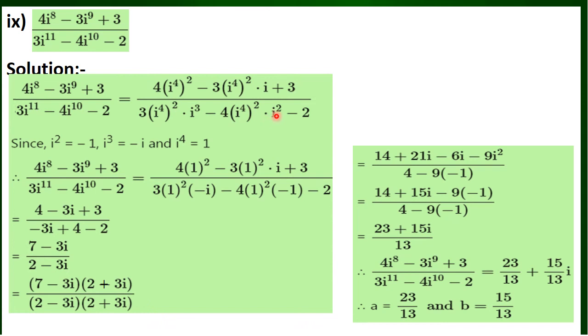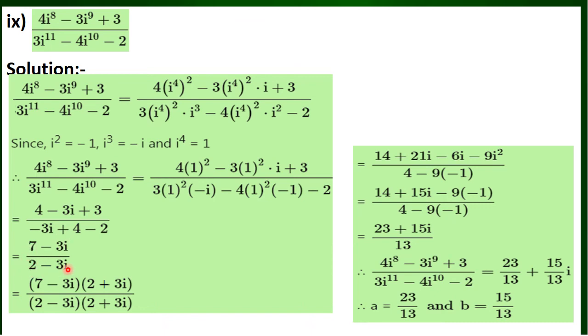Here i^2 is minus 1, i^3 is minus i, and i^4 is 1. Now we substitute all these values and simplify. We get 4 − 3i + 3 divided by −3i + 4 − 2, that is (7 − 3i) upon (2 − 3i).